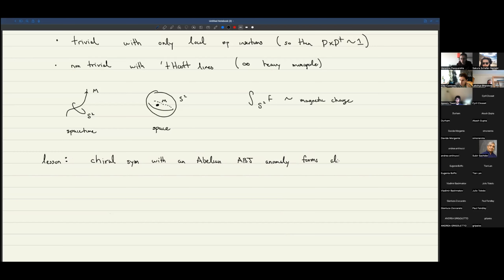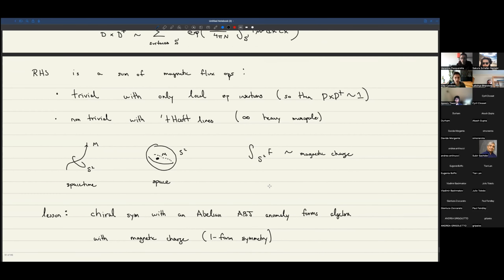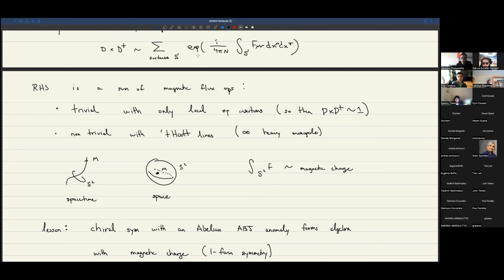I'm using the term algebra a little loosely here, but it forms an algebra with the magnetic charge, which is a one-form symmetry. That's what this equation up here means. This equation tells us that once you have D, it doesn't make sense to not have the one-form symmetry. If you fuse the Ds, you get the one-form symmetry defects, or more precisely, they're condensates.